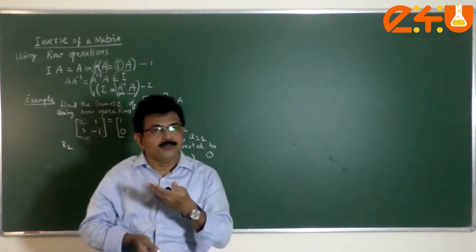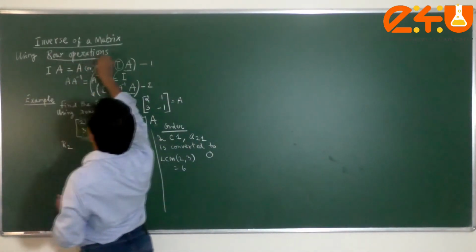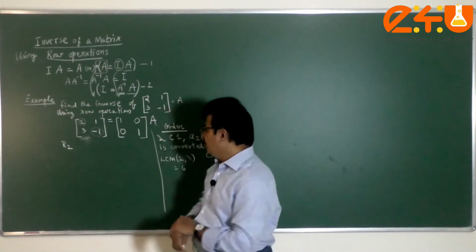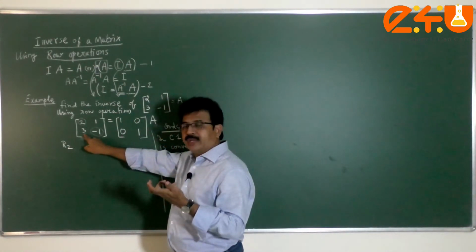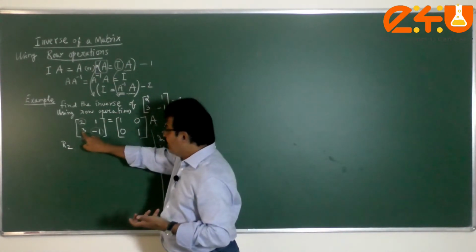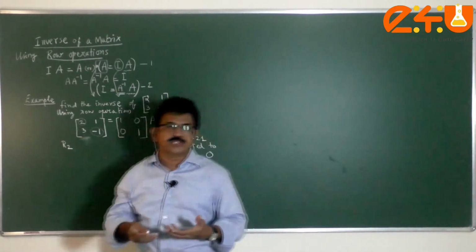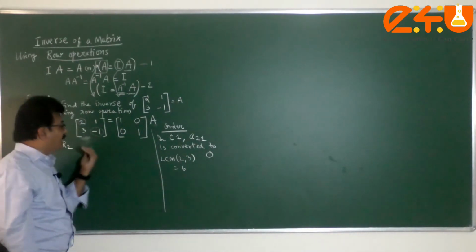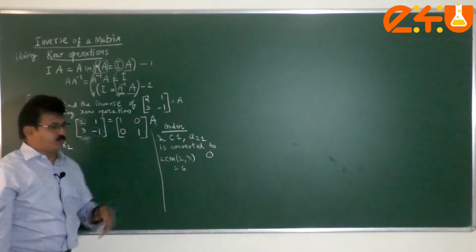Understand, the meaning of row operation itself is that you cannot apply the operation to just one singular element. That element is present in row 2, therefore the operation applies to row 2. If that applies to row 2 in LHS, it applies to row 2 of RHS also.